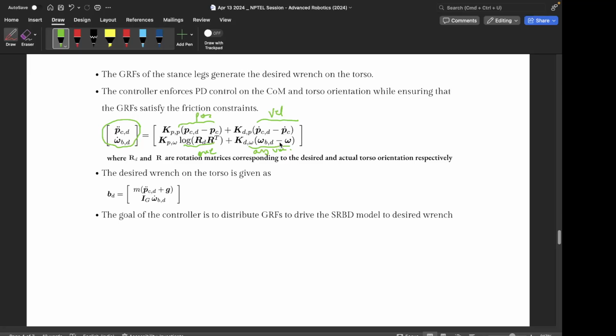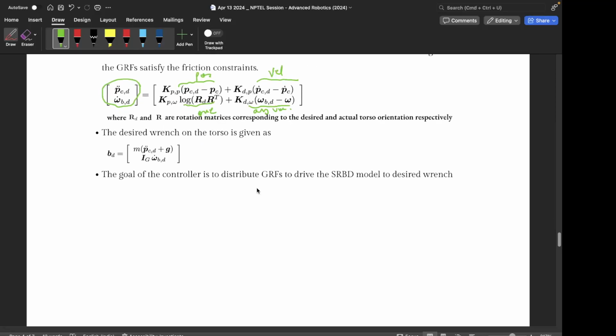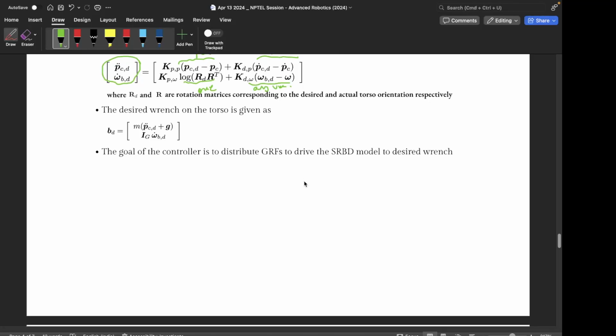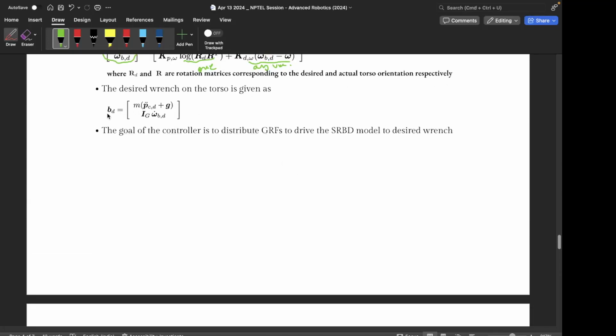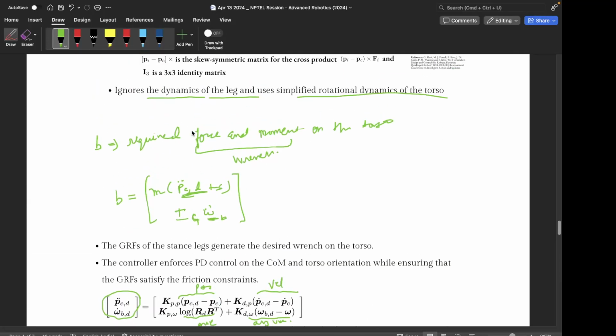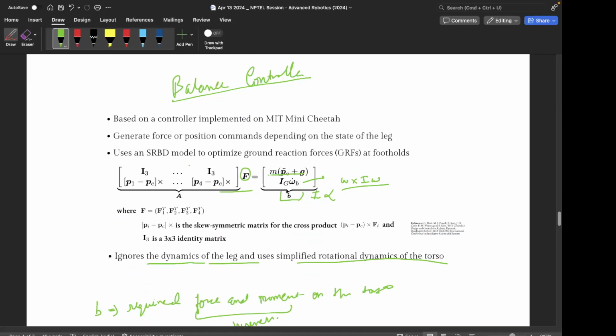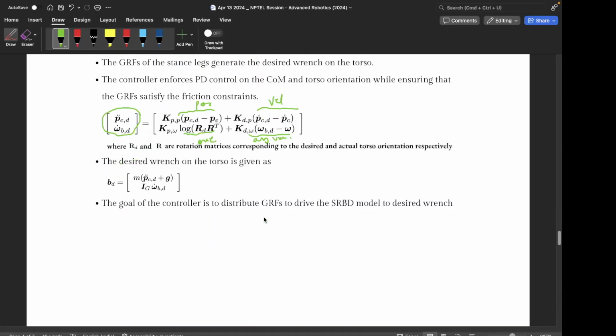And so this is the desired wrench on the torso. This is how we calculate the desired wrench on the torso. Now the goal of the controller is to distribute the ground reaction forces and to drive this model to this desired wrench, BD. As I mentioned, we need to compute these F such that this B is achieved.